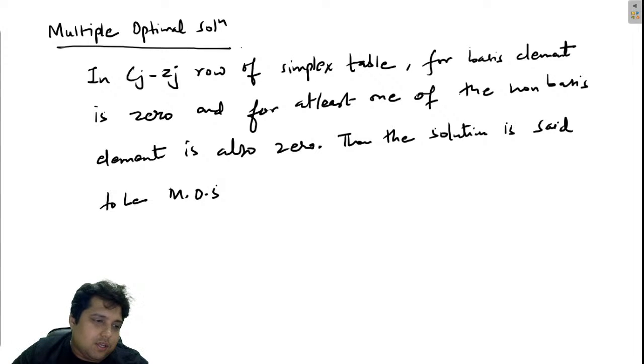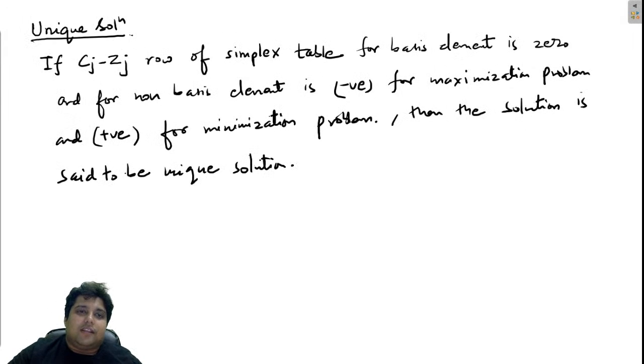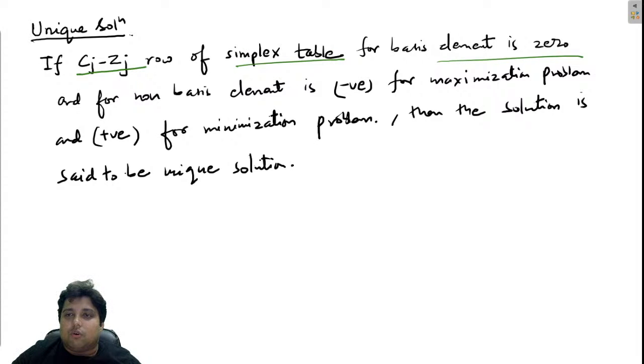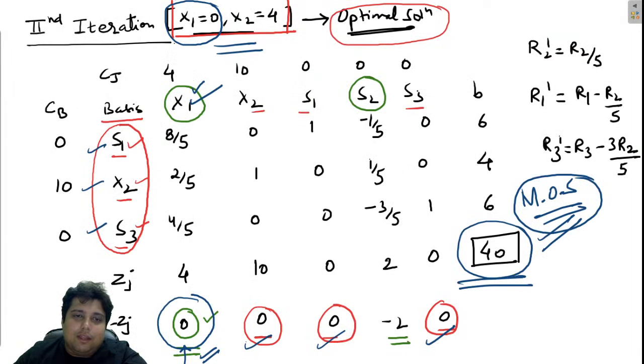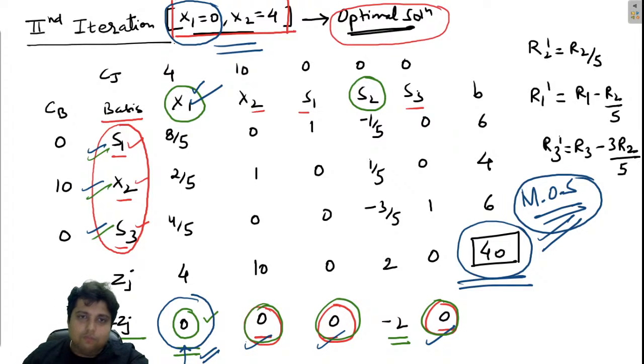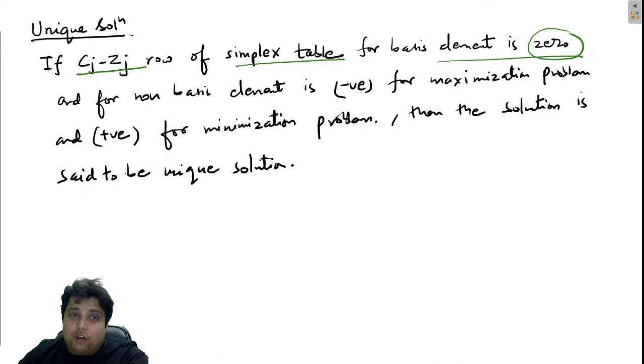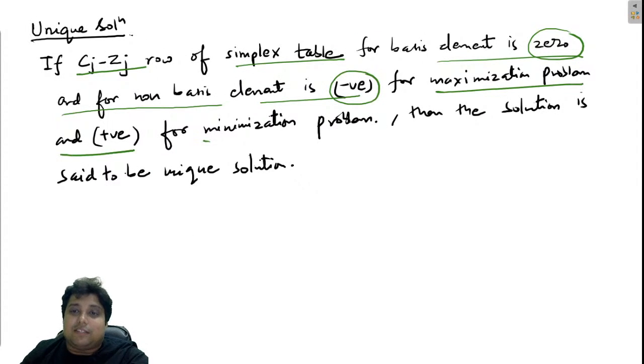So guys, let me just simply tell you what I have written here. In the Cj minus Zj row of simplex table, for basis element we have 0. As I have said that all the elements that are inside the table S1, X2, S3, their value will be 0 in the Cj minus Zj row. And for non-basis element is negative for maximization problem and positive for minimization problem.